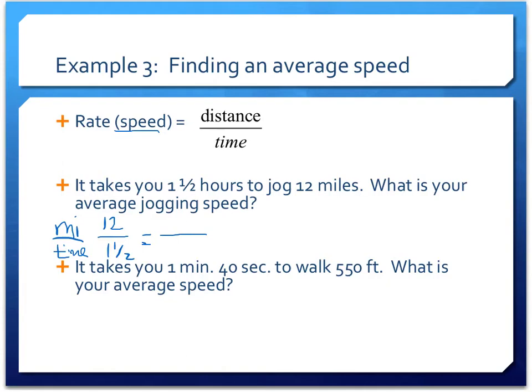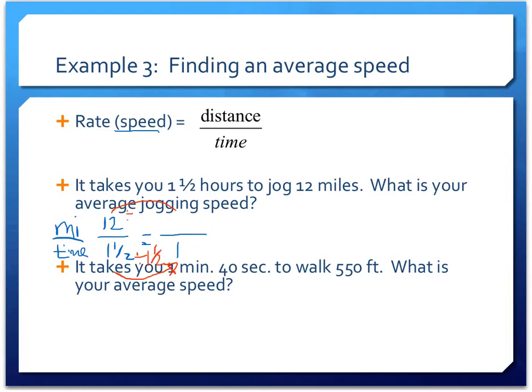Well, again, a speed is a rate where we want to compare it to 1. It's a unit rate. We want to compare it, not how many miles can I go in 1.5 hours. I want to know how many miles I can go in 1 hour. So we solve that just like the others. We can deal with it by making equivalent fractions. So 1.5 divided by 1 1/2 gives us 1.